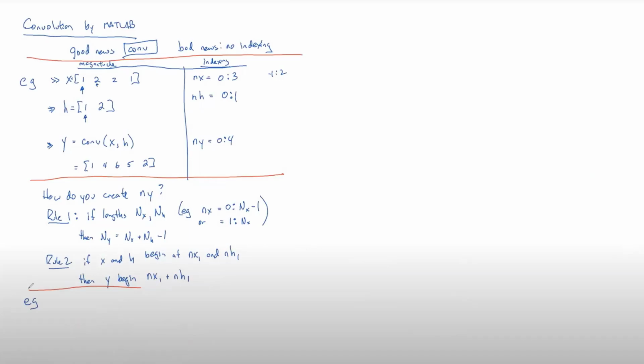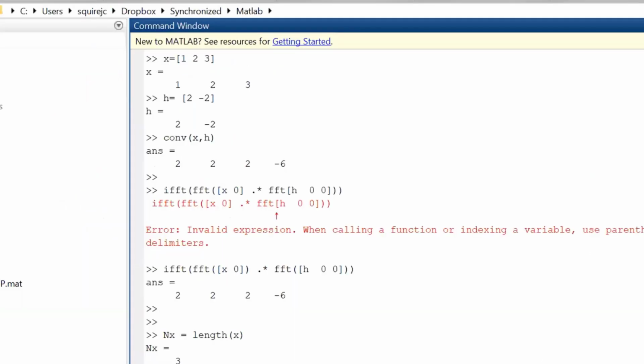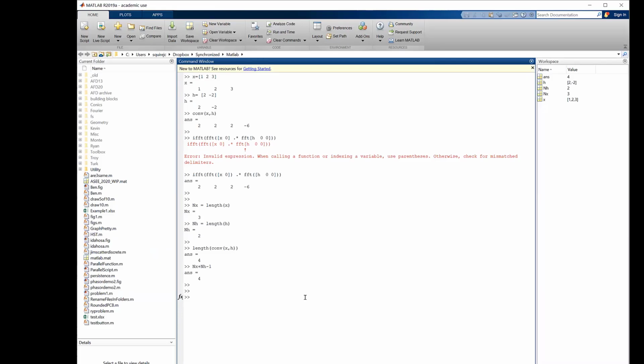Any others? So, sir, MATLAB, when you use the convolution command, they're doing linear convolution. Yes, that's exactly right. Is there any reason why they don't just build this into the convolution commands? Broadest answer is that if you're doing short convolutions, it's pretty clear that graphical is the winner.